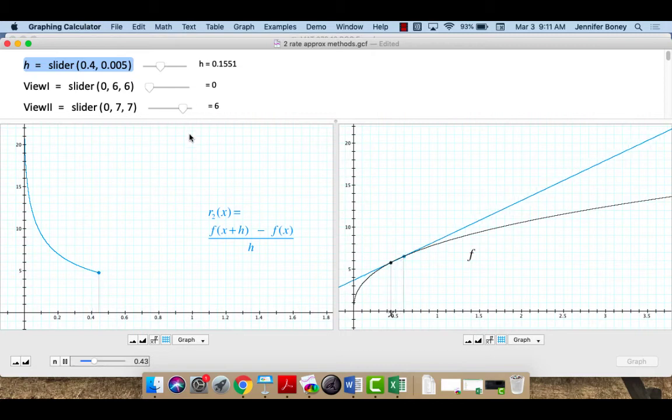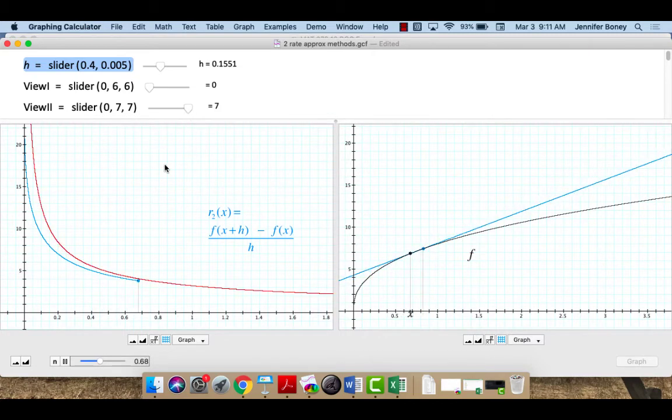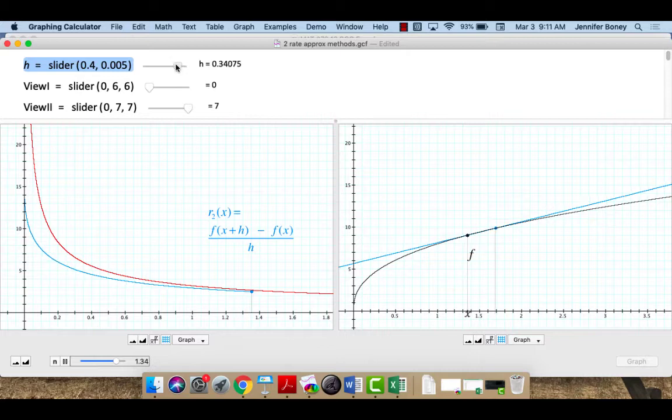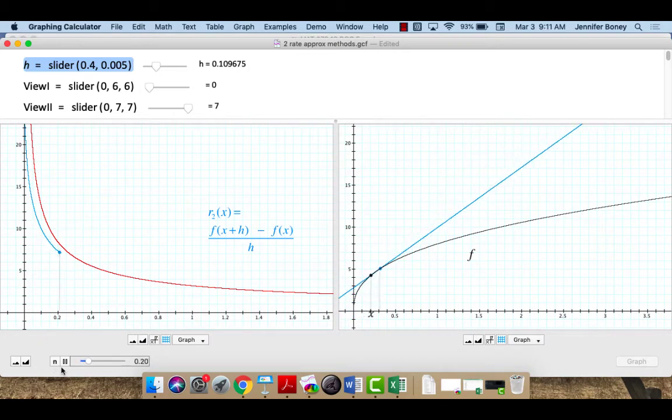So let me pull up one last thing here. This red curve here is the exact rate of change function. If I make h larger versus smaller, the blue graph has the same type of shape, but you can see as h gets smaller, the shape of it gets closer and closer to, let me freeze this, the exact one. Comparing h large versus h small, and h as small as I can program in here, 0.005, you can hardly even tell the difference, even at this beginning part.